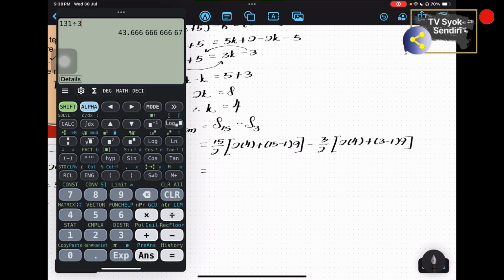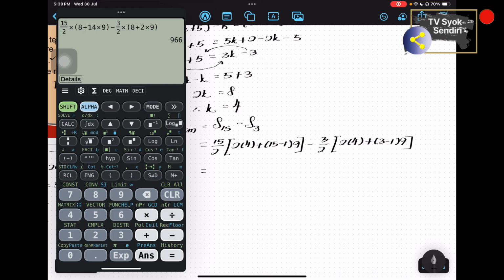Now, wow, this is the part that everyone is very happy with: calculator. Press into your calculator: 15 over 2, multiplied by the bracket of 2 times 4 plus 14 times 9, close it. Minus 3 over 2 multiplied by 8 plus 2 times 9, close it up.